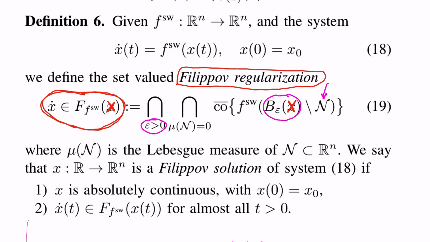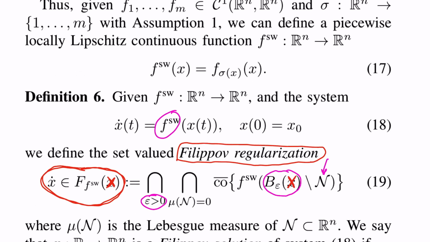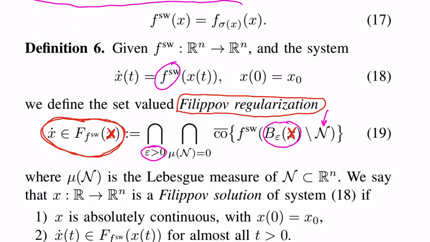The f switching, which was a piecewise, locally Lipschitz continuous function, where N is a set of points at which f switching is not differentiable, right? We would like to get rid of those points, and they can be isolated points as well.